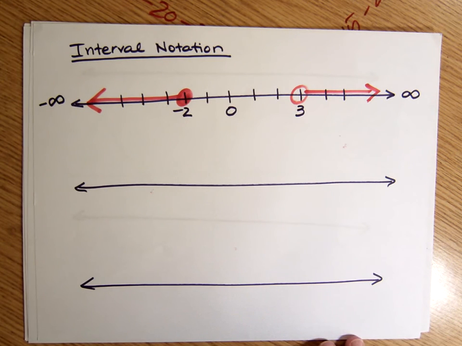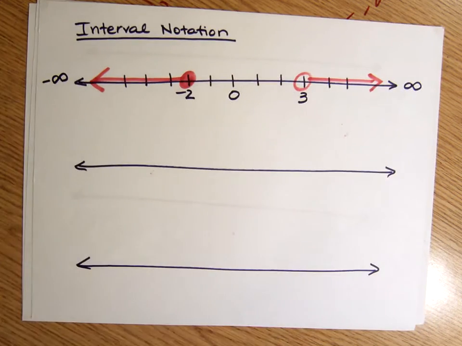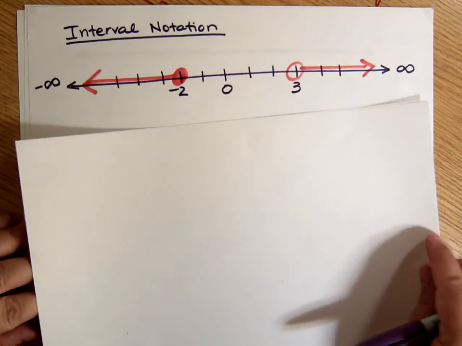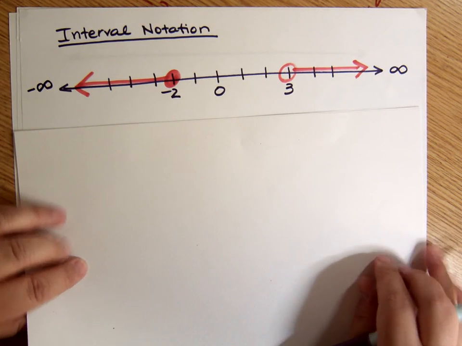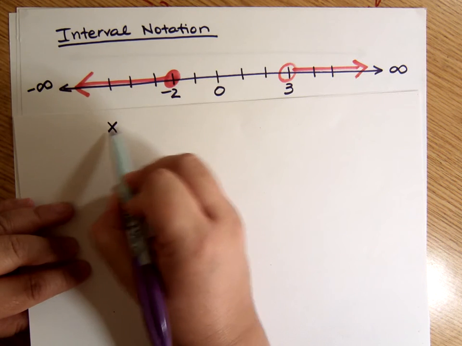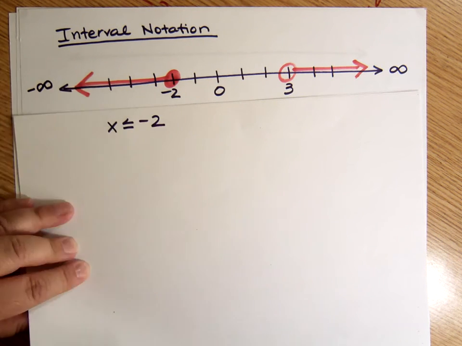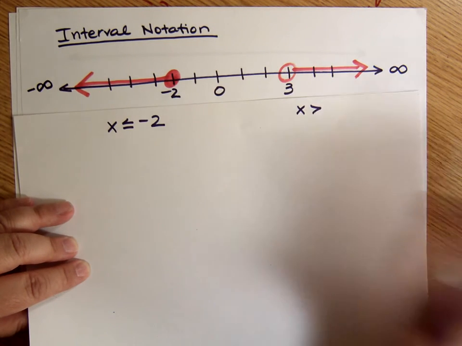First, let's talk about how this works in inequality form. Let's say our variable is x. Our variable could be anything, because we use these intervals to describe things about x, things about y, whatever. So this says x is less than or equal to -2. This says x is greater than, but not also equal to, 3.